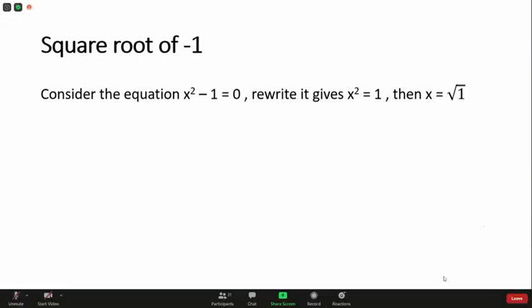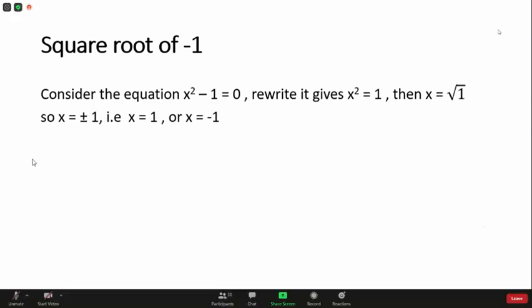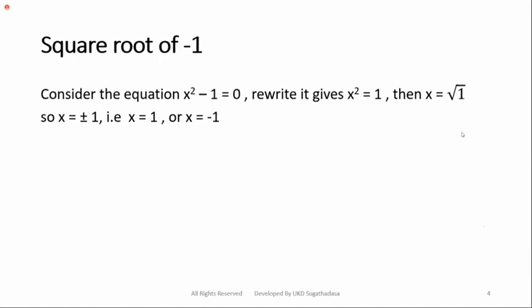If you rewrite it, you get x squared equals 1, so x equals the square root of 1, meaning plus or minus 1. Why do we get plus or minus? If you square 1 or minus 1, you get 1. Therefore, it has two roots, x equals 1 and x equals minus 1.